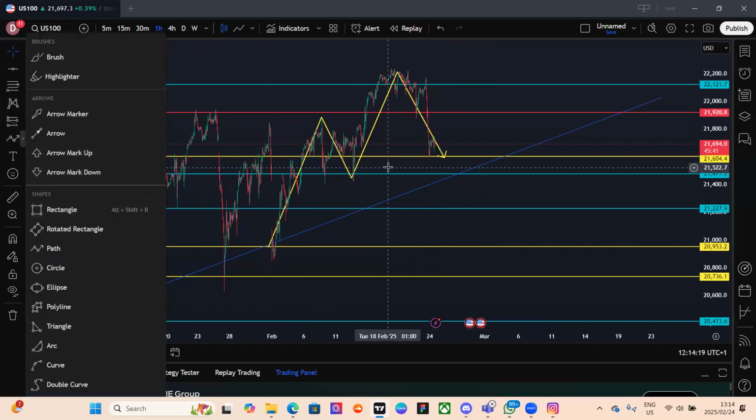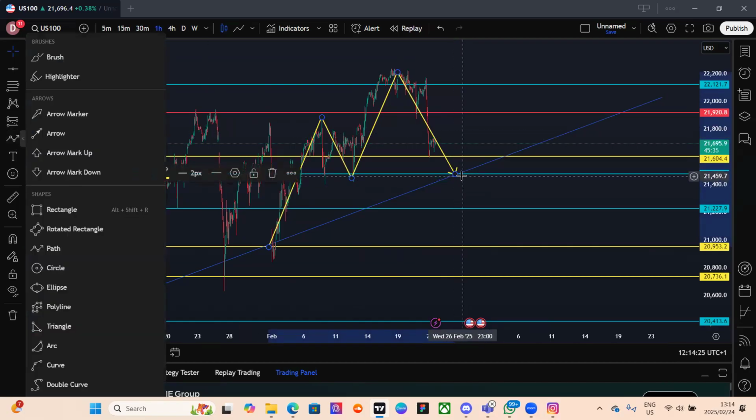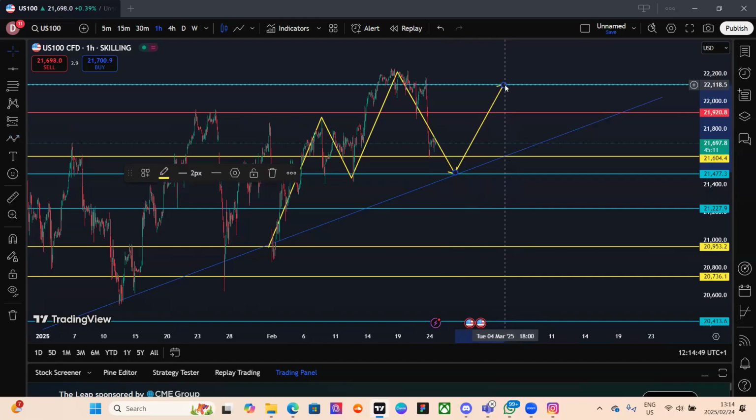So we'll see price coming through here, reaching this level, or we could maybe see price breaking this level and coming straight down here.